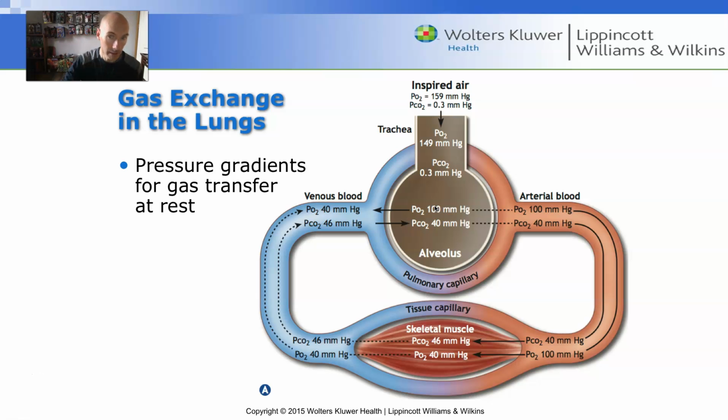On the flip side, the partial pressure of CO2, 40 millimeters of mercury in our alveoli, 0.3 millimeters of mercury in the environment. Therefore, CO2 is driven out as the gas moves from high concentration and pressure, here, CO2, to low concentration and pressure in the air around us, okay?